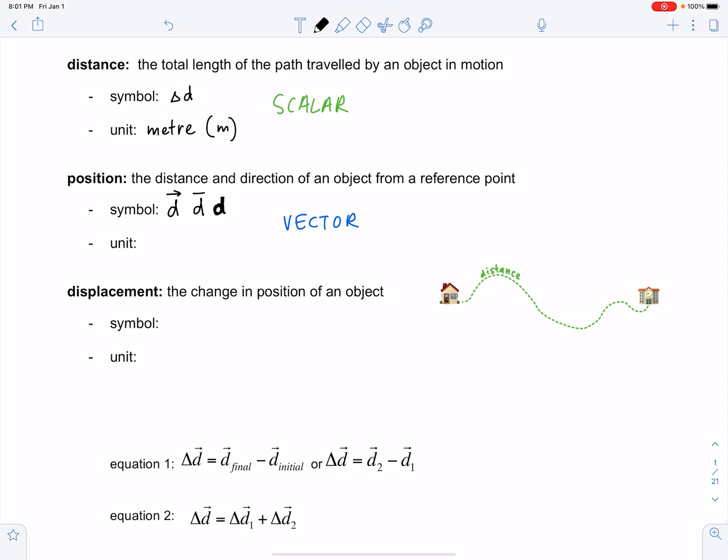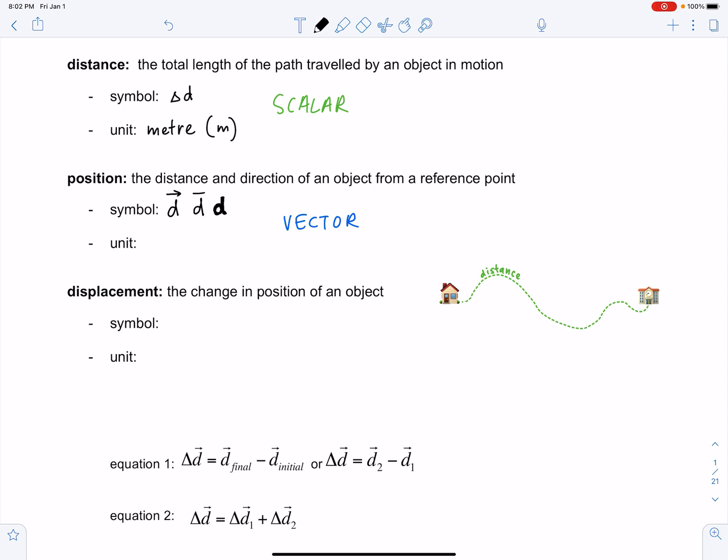I'm realizing now that I probably should have typed these letters in so that you can see them, but that's my best way to represent a bold letter. If it's a bold letter, it doesn't need an arrowhead or a line on top. The bold letter itself will actually denote that it is a vector quantity.